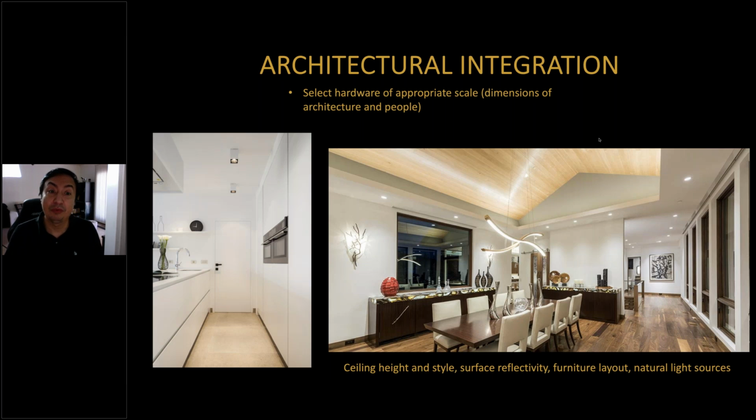And sometimes you can get away with that if you have a highly reflective surface that you're working with. So all these are things that you think about as you start to form an idea of which types of luminaires you're going to be using and how your layout is going to work within the space that you're trying to illuminate.